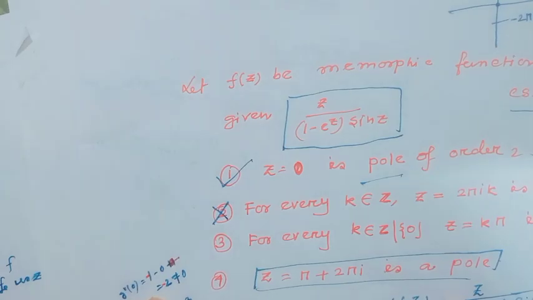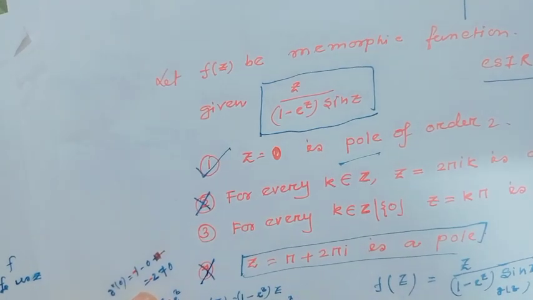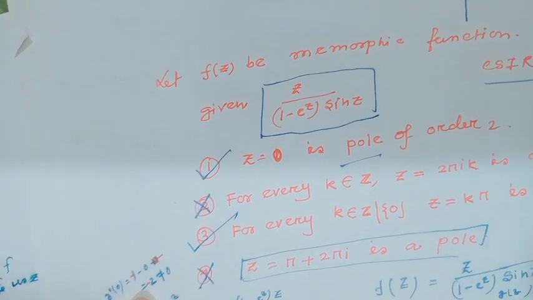So z equal to pi plus 2 pi i is a pole. This is the wrong option. Only option 3 and option 1 are the right options.